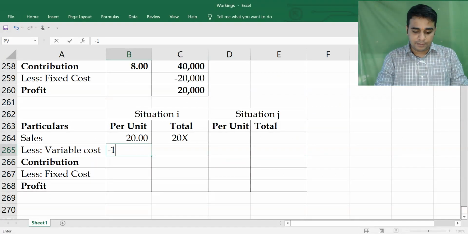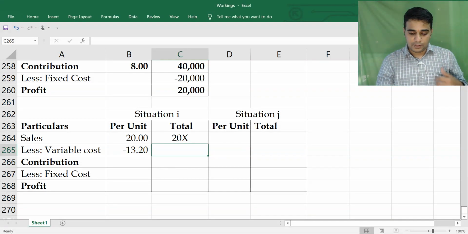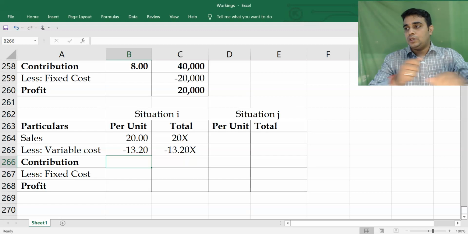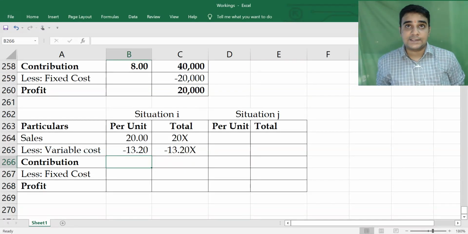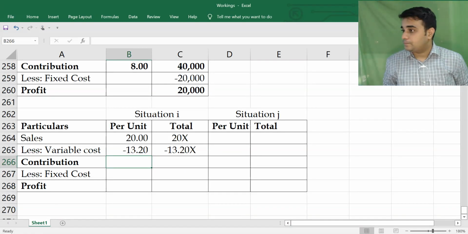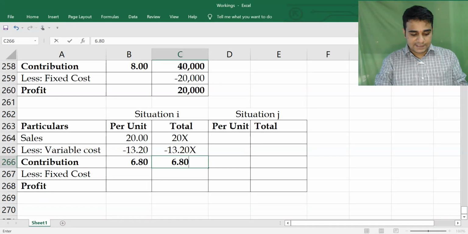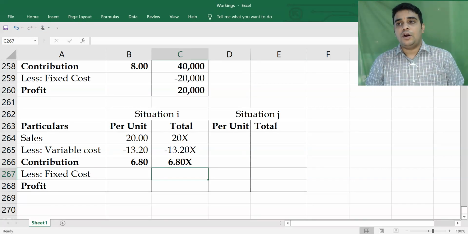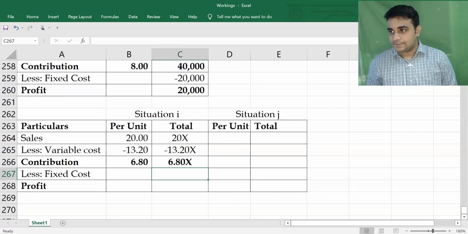So, 12 will become 13.2, and this will be 13.2x. Contribution is 6.8 and 6.8x.